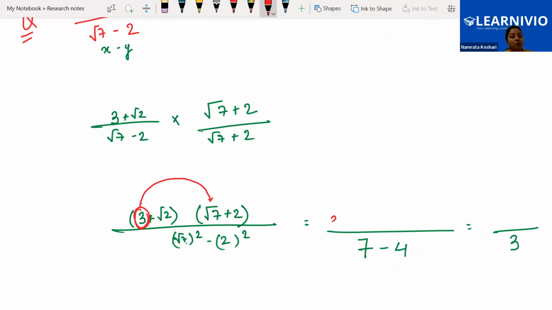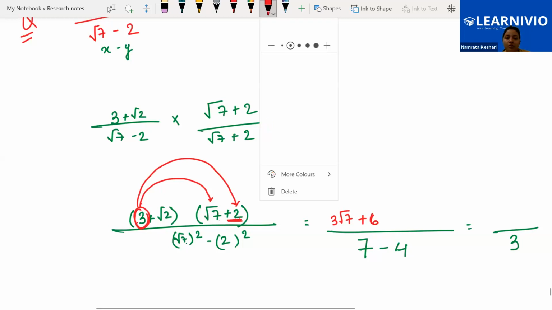It will be 3 root 7, because we cannot do the multiplication; one is a whole number, another is an irrational number. 3 into root 7 became 3 root 7. Multiplying with the second term, 3 into plus 2, that is 6. Similarly, we will multiply root 2 and root 7.